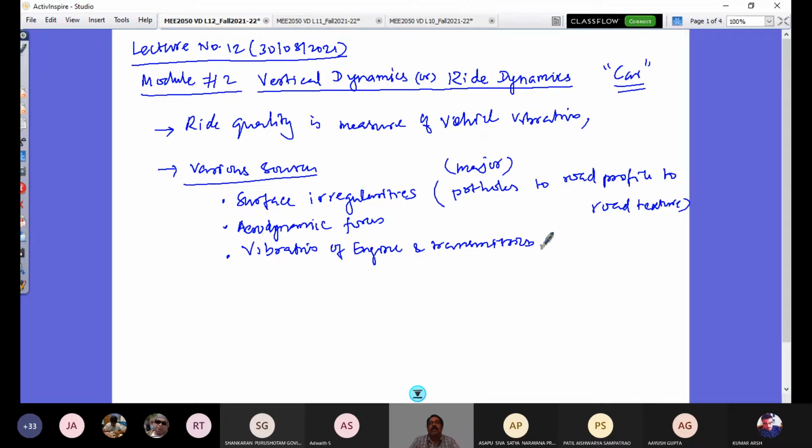But this vibration of engine and transmission does not fall in the major category of surface irregularity. Why? Because technology has now brought in a mount system where the vibration of an engine because of its combustion process can be isolated very well.